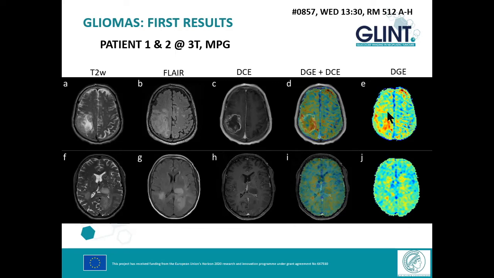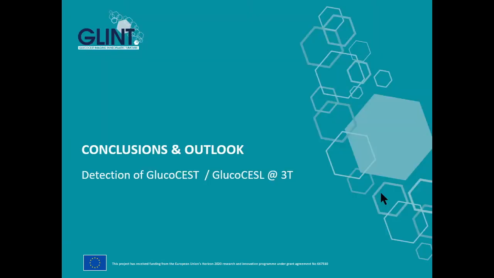But it doesn't tell you much about the metabolism of the tumor in this case. So the question is how much clinically interesting information we will get there. I guess the jury is still out. And in the case of the low-grade glioma, there was nothing to be detected really around there.